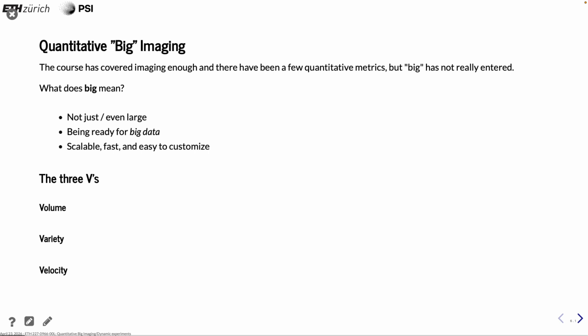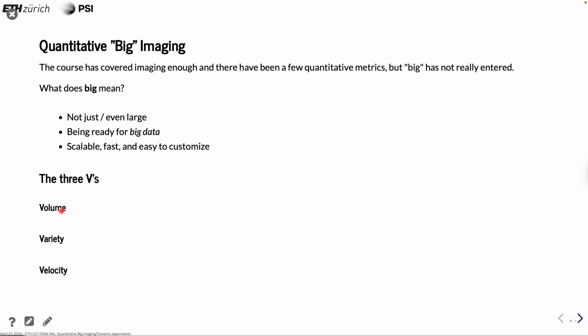And last week I also brought up this quantitative big imaging, and today's lecture will actually be about producing a lot of data. Until now we have essentially only looked at having single images, or maybe a few images, or a data set of very varied data, but now it's about, in this case, producing lots of sequences of images which are somehow temporally correlated, and that produces a lot of data.